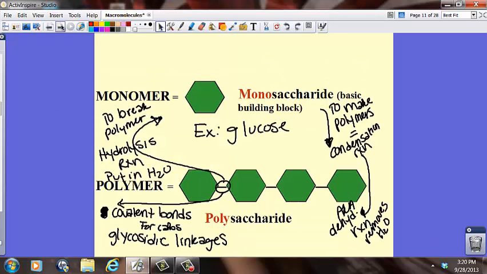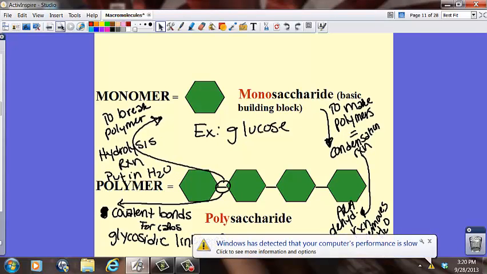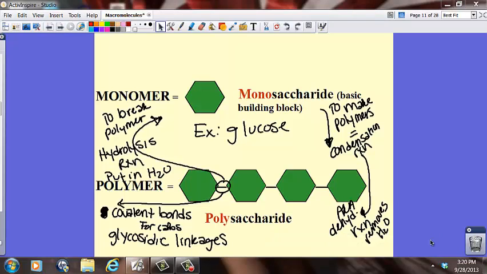So the monomer equals the monosaccharide, or the basic building block. To make polysaccharides, which is what you see below, a bunch of monosaccharides connected together, we use what we call a condensation reaction, or you could also refer to it as a dehydration.